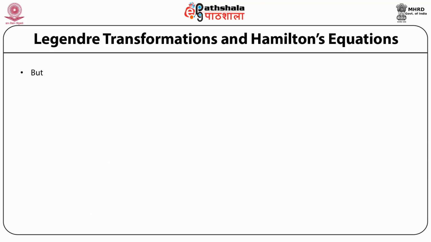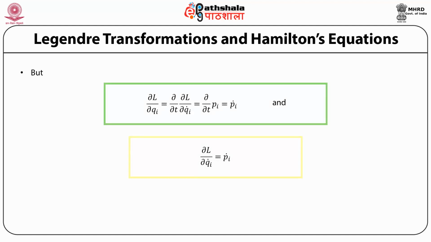But we have the partial derivative of L with respect to q_i equal to d/dt of dL by dq_i dot, which is the equation of motion. And dL by dq_i dot is defined as p_i, so it is the total derivative of p_i with respect to time, which is p_i dot, and therefore dL by dq_i is equal to p_i dot.